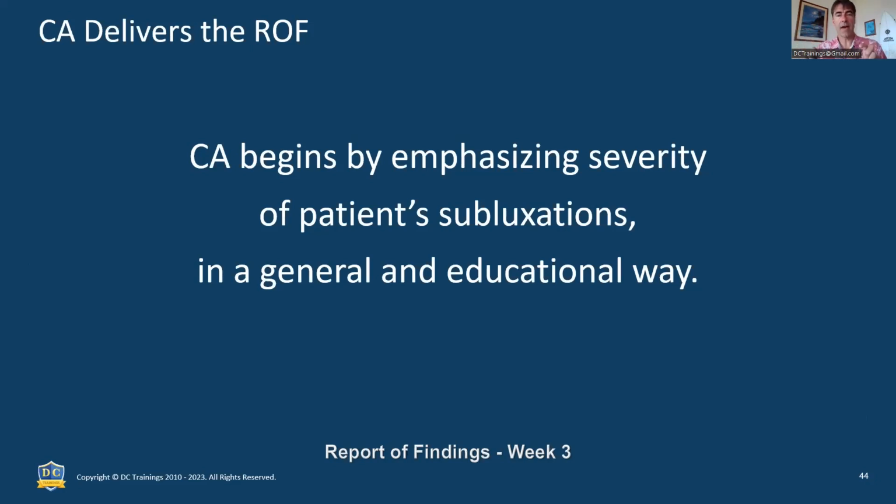So I want you to remember that, because in no way would I want you to minimize the severity of a subluxation just because it wasn't as advanced as, say, some other patients. Anybody who has a subluxation that is affecting their health in any capacity can be considered a serious condition. So we want to make sure that we put this in the proper priority or perspective for that patient and emphasize the severity of it, in a general way.